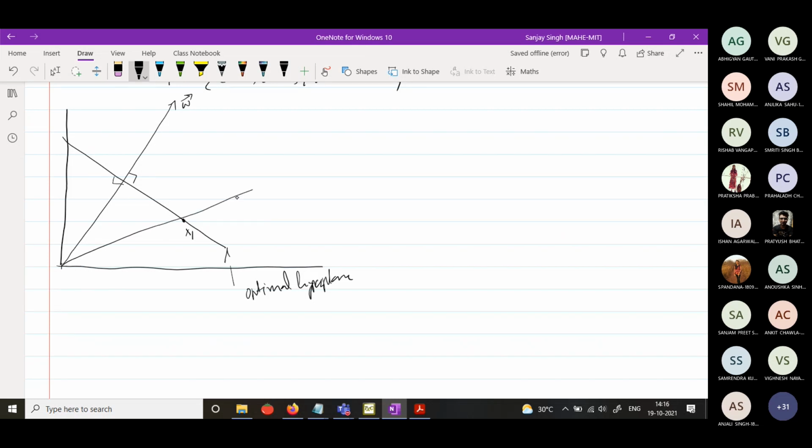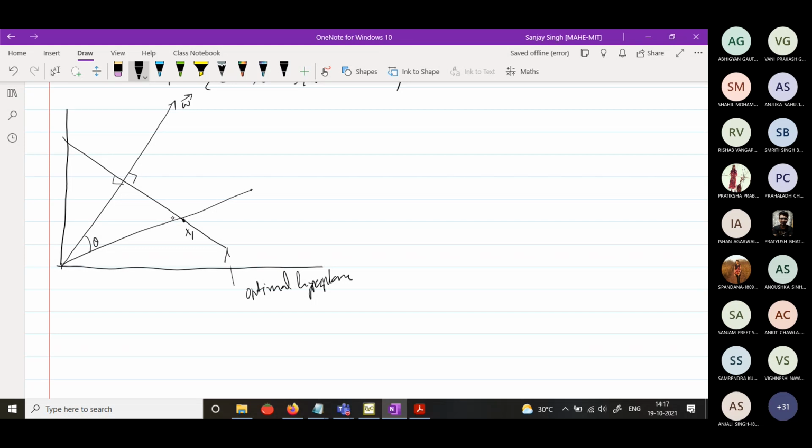Okay, let me say this particular point. Now this angle theta, and I want to find the projection of this point x on this line, that is the weight vector. You get this from the resolution of vectors.